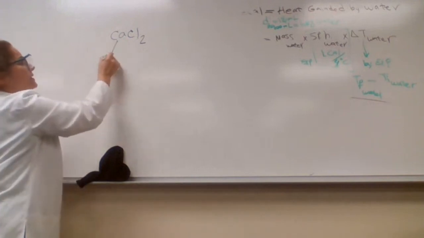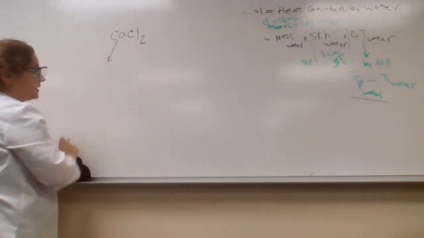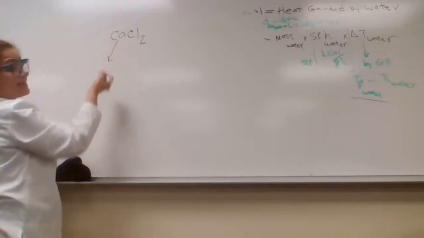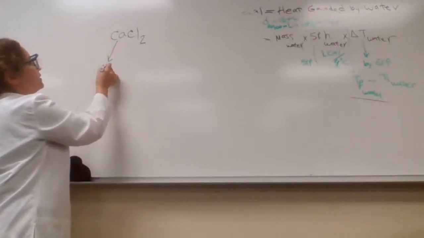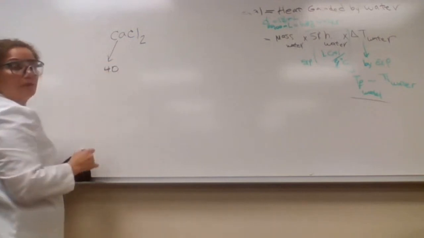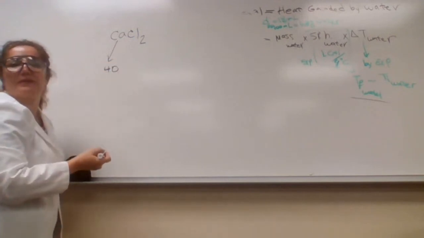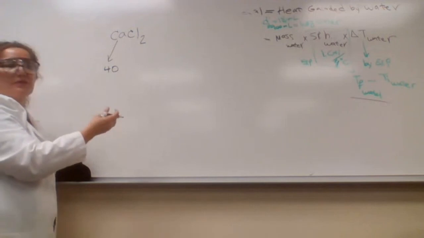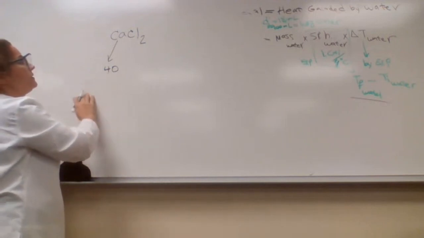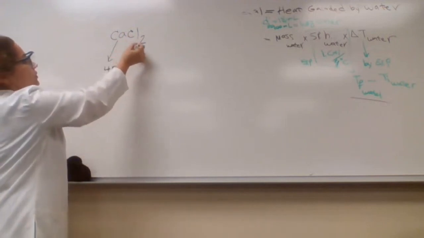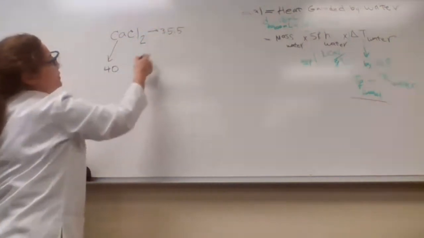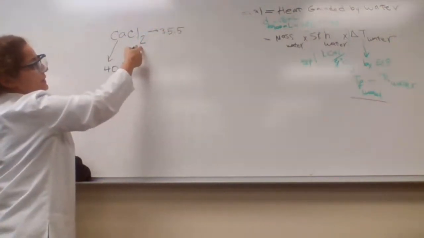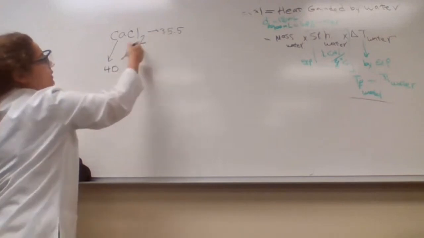You look in the periodic table, and the atomic mass for calcium is 40. It has some decimals, but we just rounded to 40. And chlorine is 35.5. But since we have 2 chlorines, we multiply by 2.